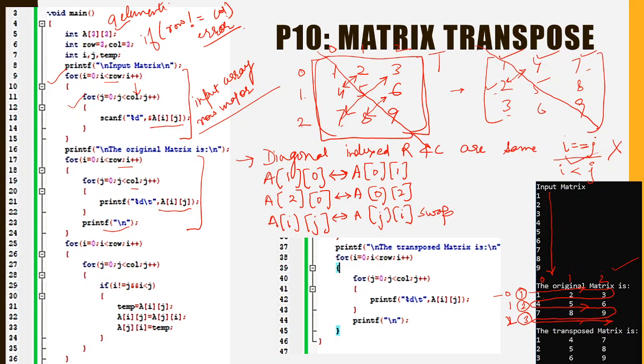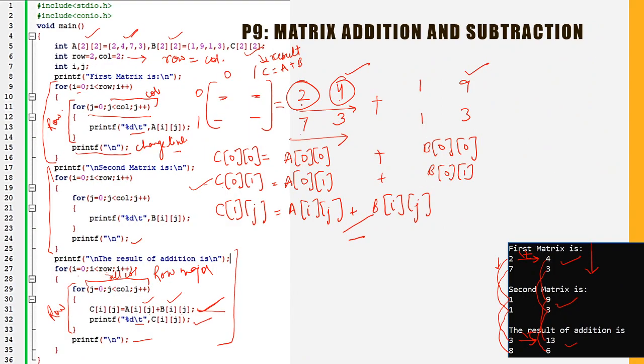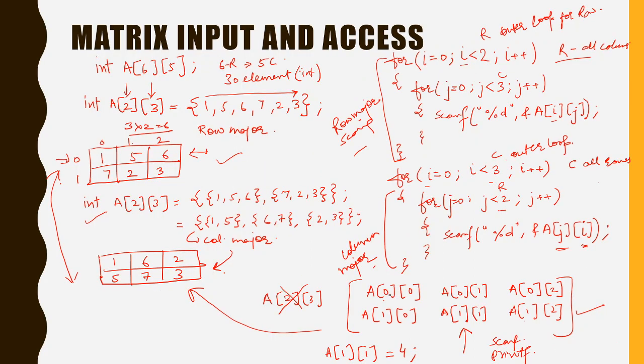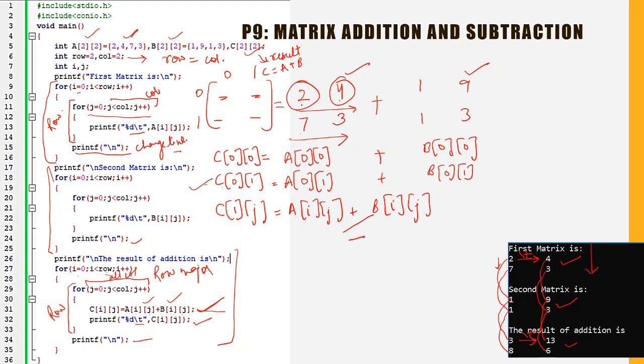Either you can take I less than j or j less than I. I is less than j would always hold in one part of the matrix, for this element and this element. For this element I is not less than j, and for this element I is less than j. So the interchange will happen for these elements only. Where I is not less than j, the interchange will not happen.